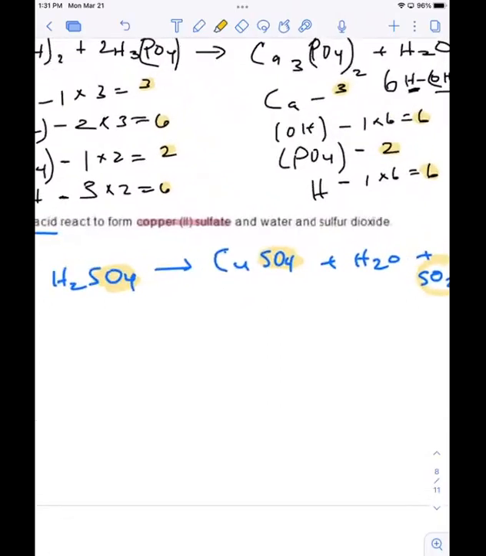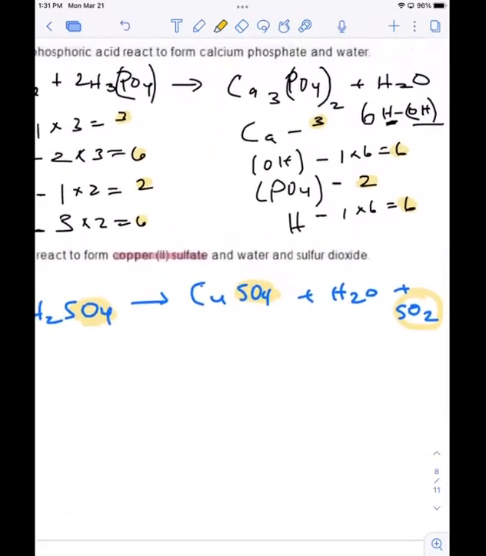Now, if we look right here, it says copper(II) sulfate. What does that mean? What does the 2 in parentheses mean? When you have a name written like that and you have a Roman numeral in parentheses, what does that tell us about that compound? Or what does it tell us about the metal?